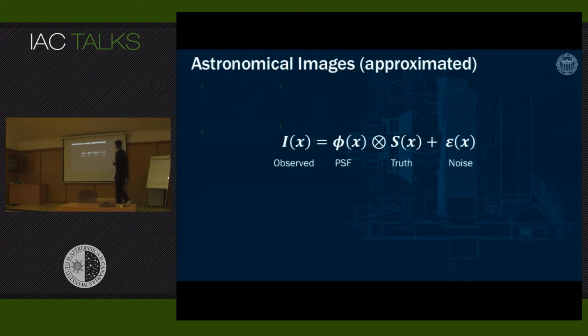So basically, I have a truth image that's up above the atmosphere. I convolve that truth image with the point spread function. Point spread function is how a single point gets spread out. And then there's some noise. And the noise comes from either Poisson noise, because the photons are quantized, or more likely sky noise, which is the dominant noise in virtually all kinds of observations.